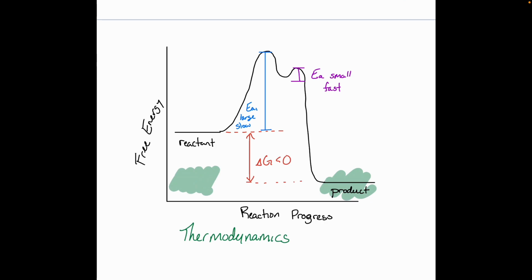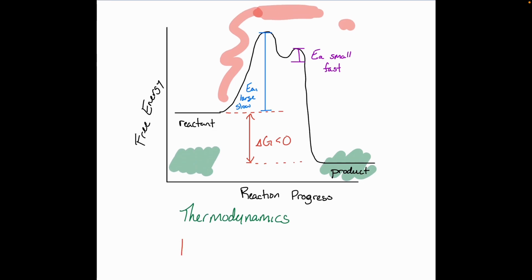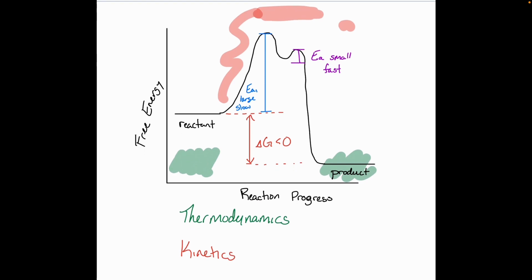All right, but yes, the two endpoints correspond to the thermodynamics of the reaction. And then everything that happens in the middle here corresponds to the kinetics. Right? Those activation energy barriers, that's what this reaction has to overcome to make its way from the reactant side. It's got to jump over this barrier here in order to get to the product side.